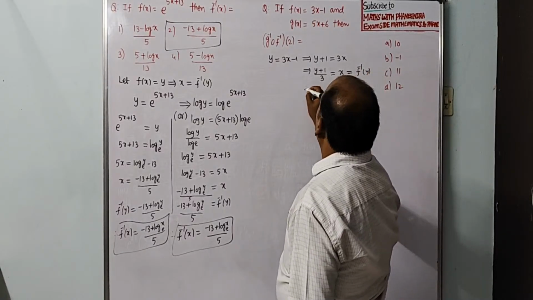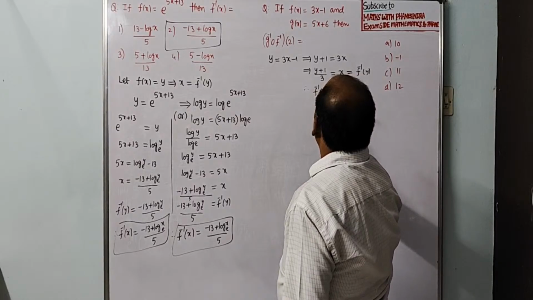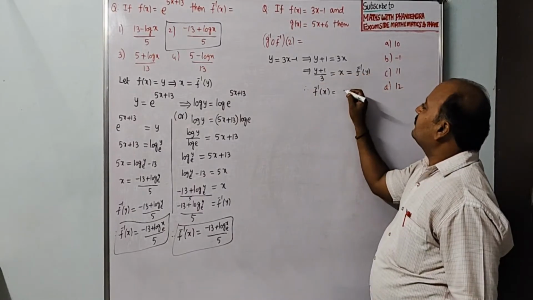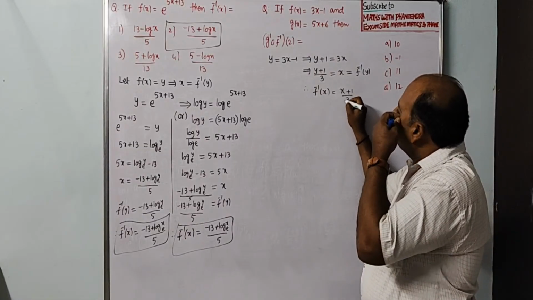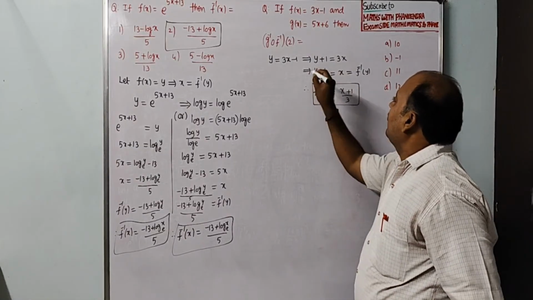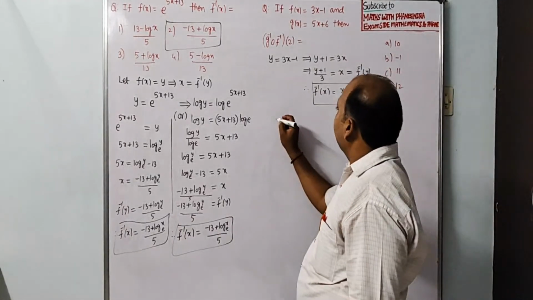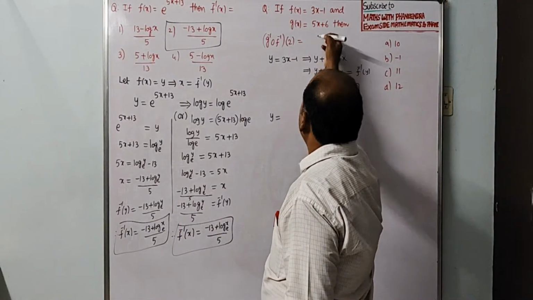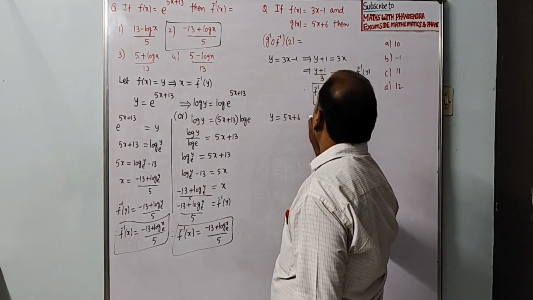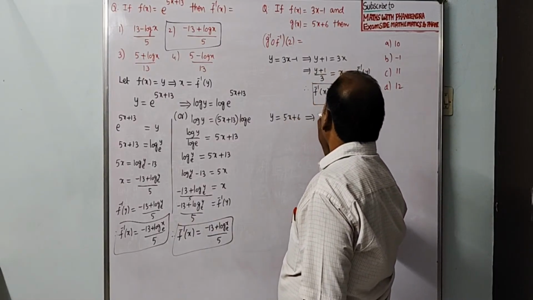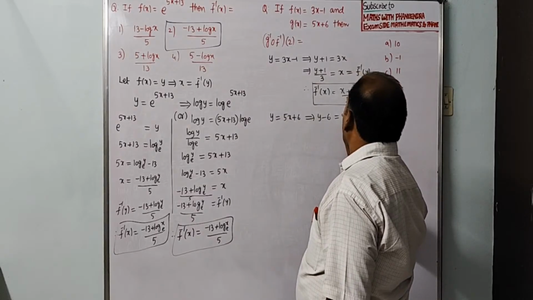Therefore, f inverse of x equal to, wherever y is there, replace with x: x plus 1 divided by 3. This is f inverse of x. Next, y equal to the second function, g of x, 5x plus 6. That implies y minus 6 equal to 5x.